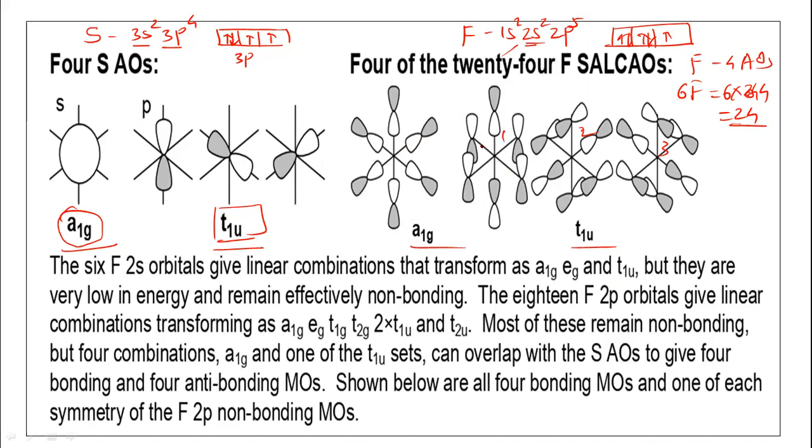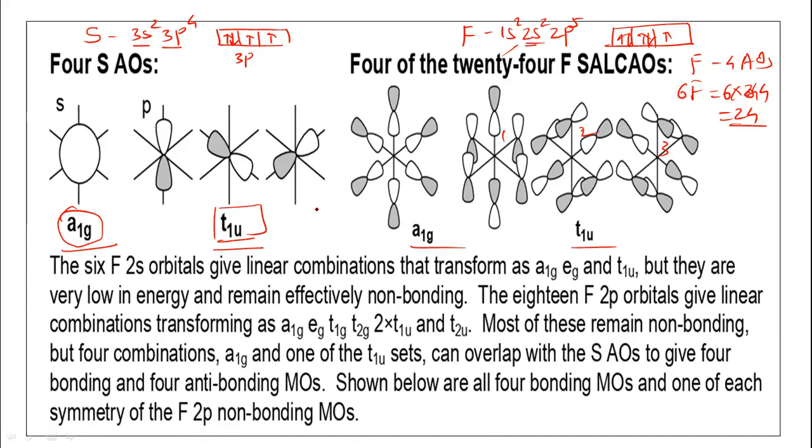So the 4 orbitals are available for the bonding. Fluorine is having plenty of orbitals, 24, but out of those, only 4 are actually involved in the bonding, and they have the same symmetry as the sulfur atom's orbitals. On the basis of the molecular orbital theory, same symmetry orbitals can overlap.